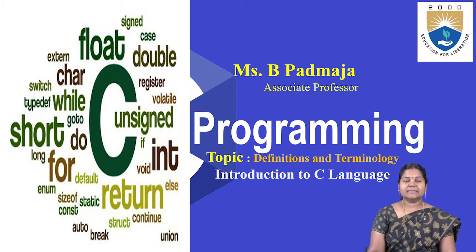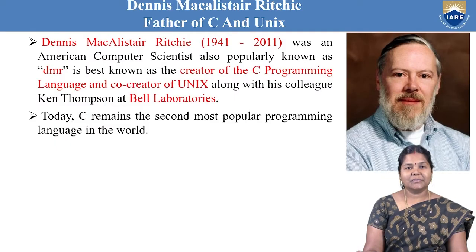Now, let us discuss a number of definitions and terminologies related to the Introduction to C language. Before starting with the C language, we should first know about the father of C language. Dennis Macalistair Ritchie is popularly known as the father of C and Unix.